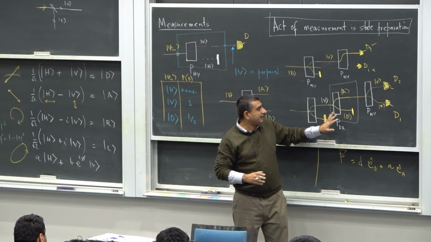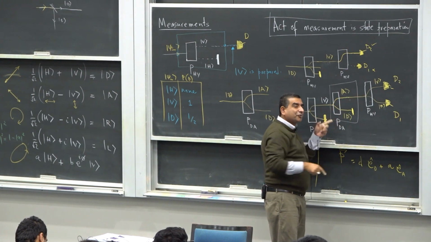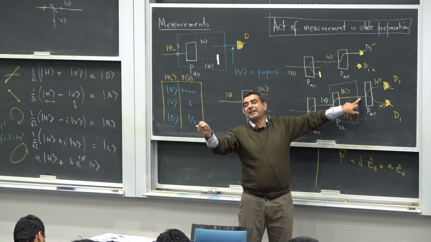So this is a kind of measurement, because if a photon comes out of this box, you know for sure, with certitude, that this is in the state ket A.